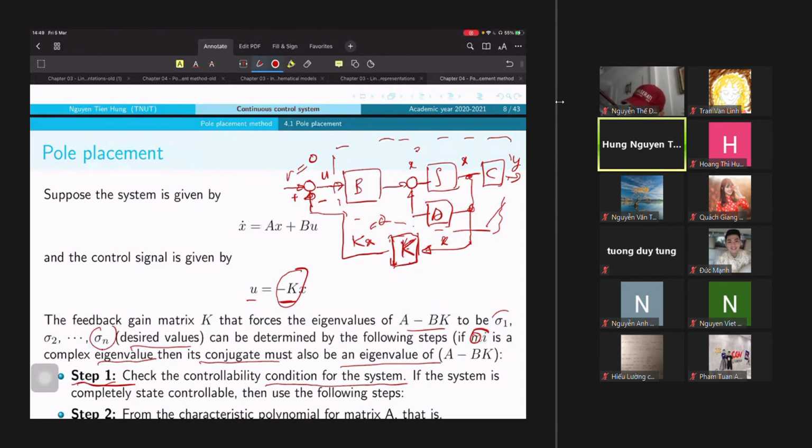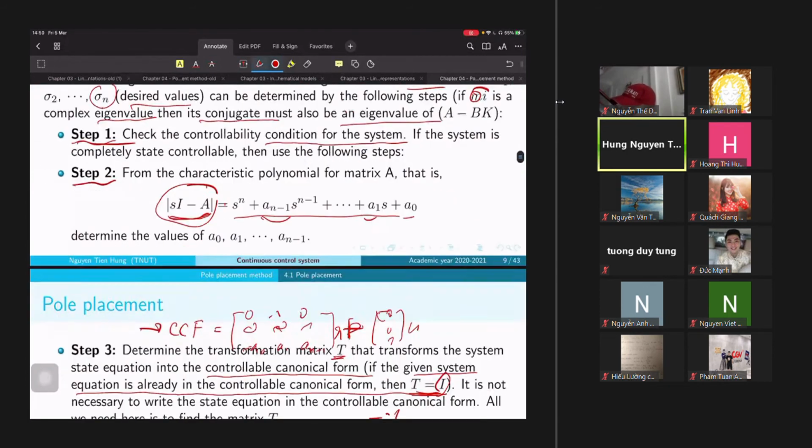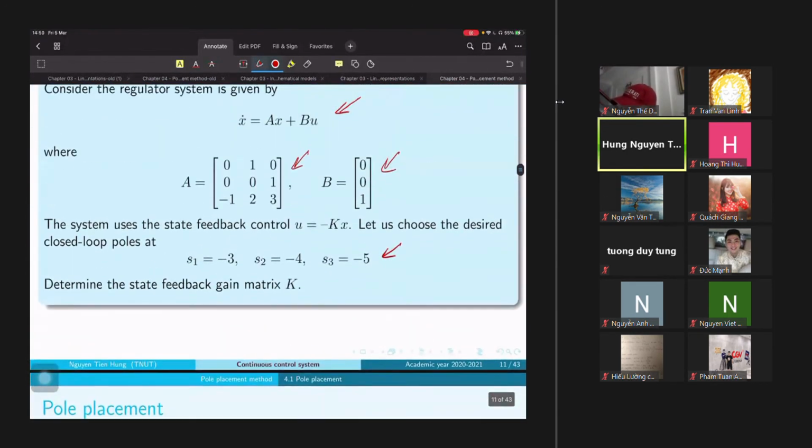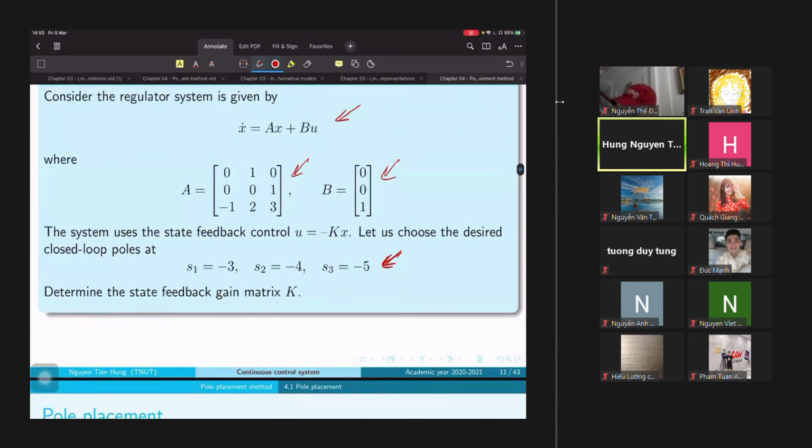The closed loop poles are the poles of the system including the control K. So when we apply K here, we expect that the closed loop poles will be like this. And again, remember these are closed loop poles, not open loop poles.